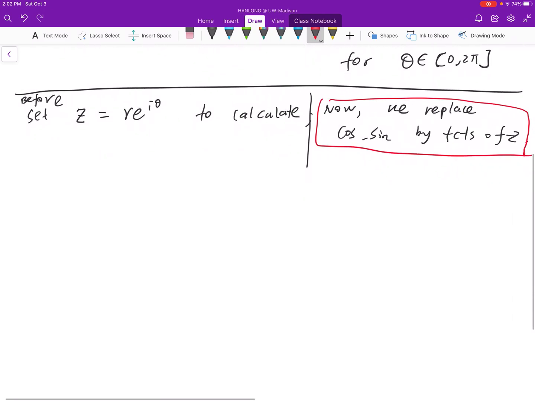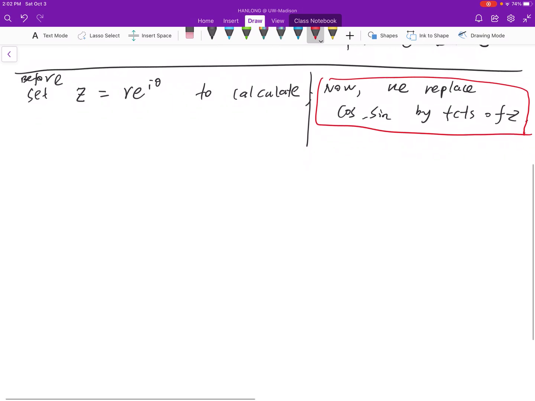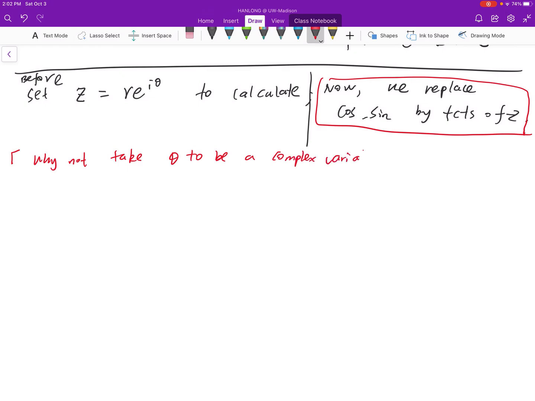Because we want to use the residue theorem, you need to have holomorphic functions instead of just real functions. Here, cosine itself is a real function. Just a small remark: why not take theta to be a complex variable?